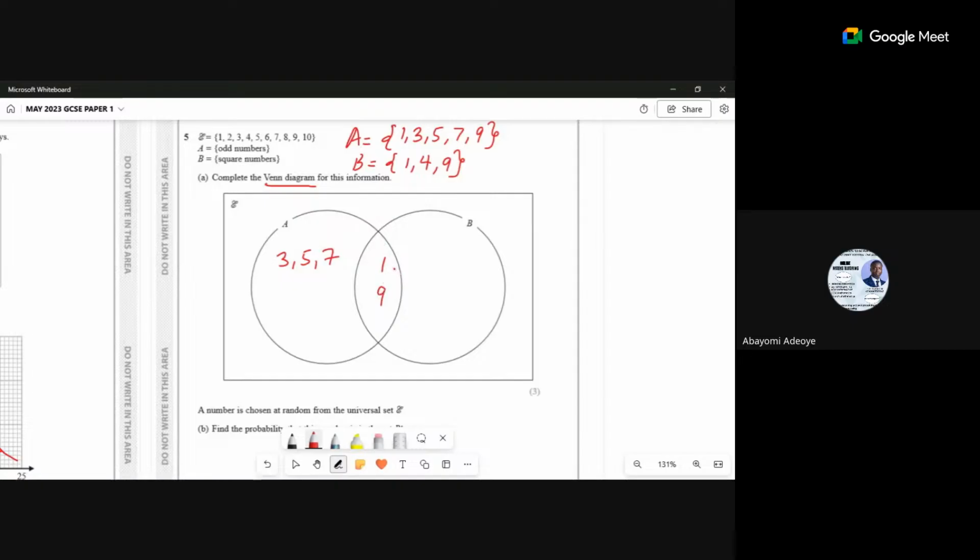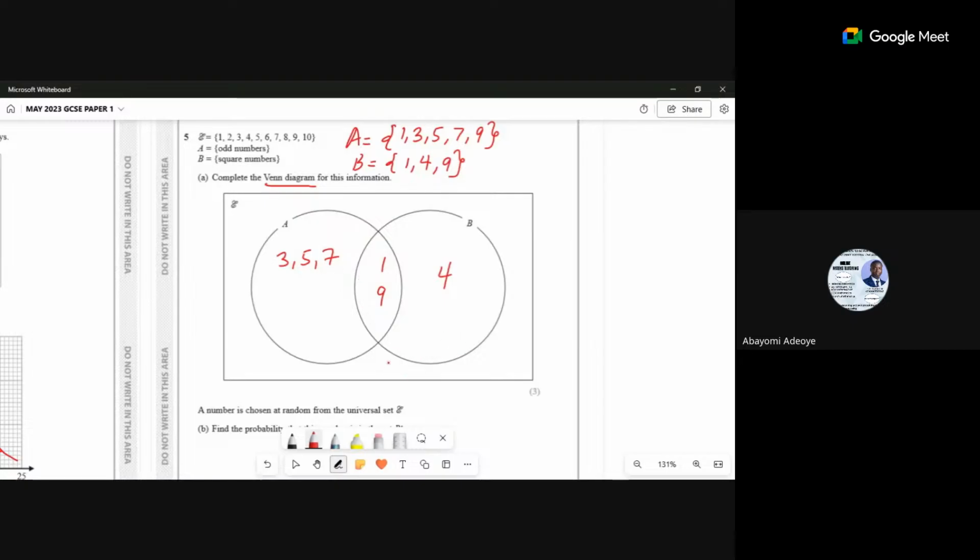What are the elements in B? Just 4. Then we have some elements that are not in the diagram, so we put them outside.